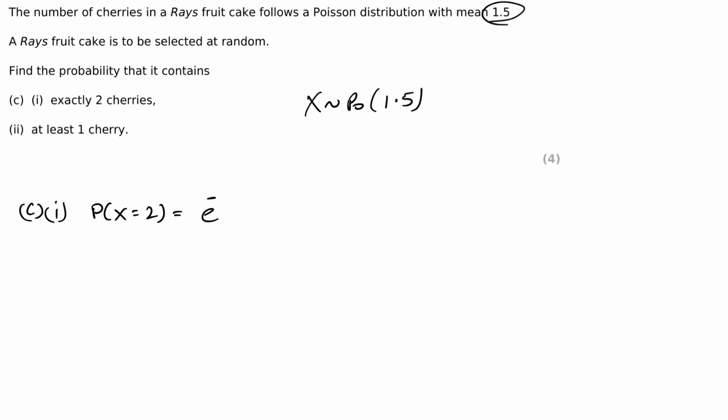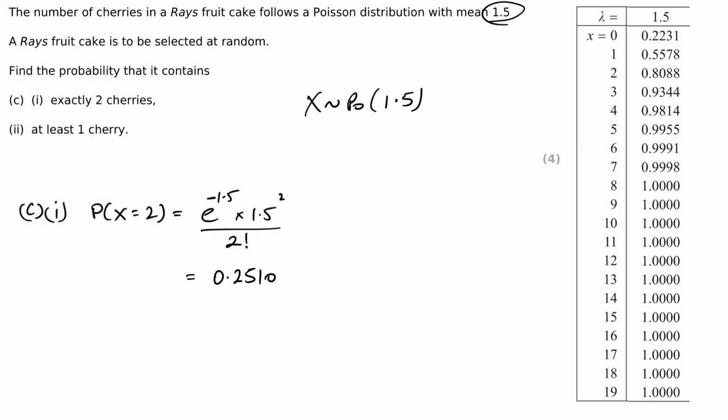I'm going to use the formula, but I'll show you with the tables as well. So e to the minus lambda times lambda to the power of x, which is 2, over 2 factorial. And this gives me 0.2510 to 4 decimal places.